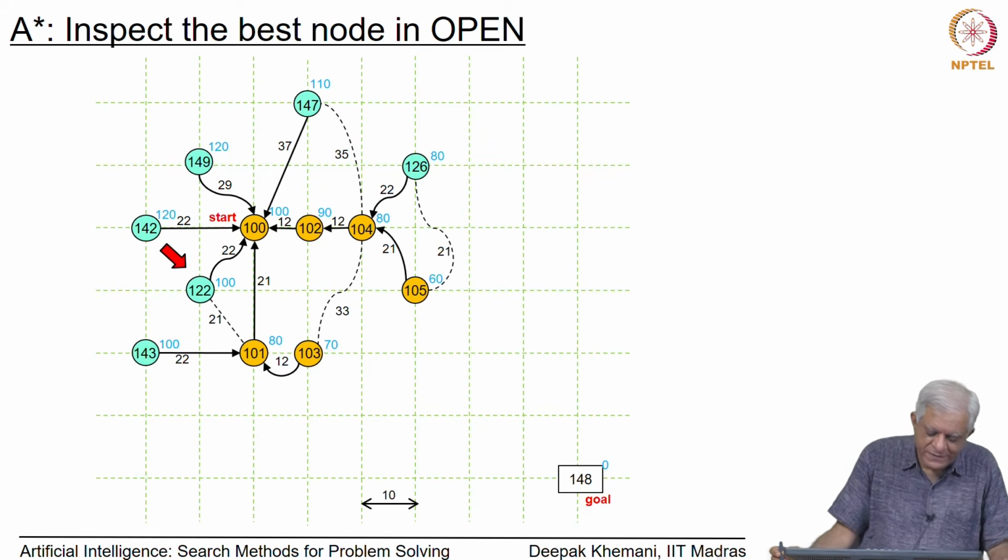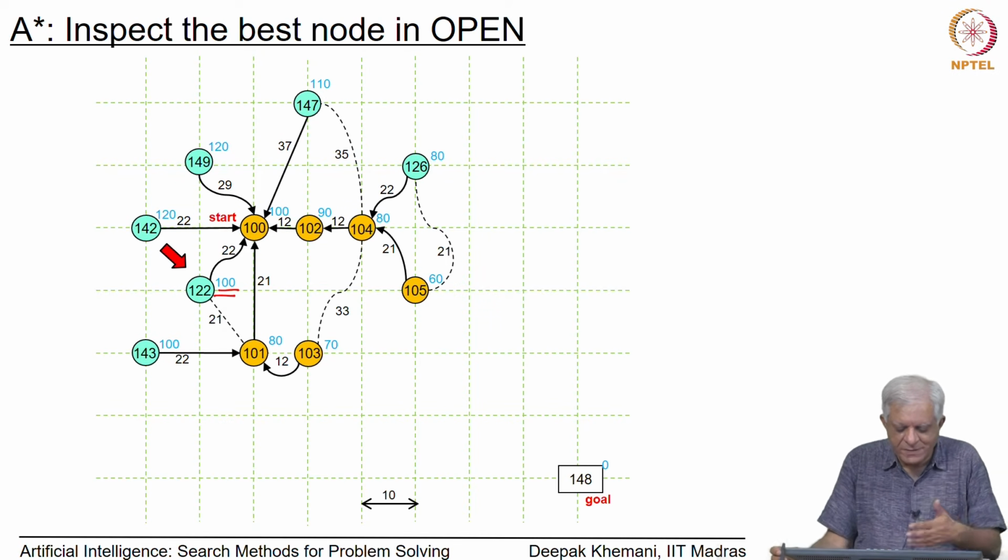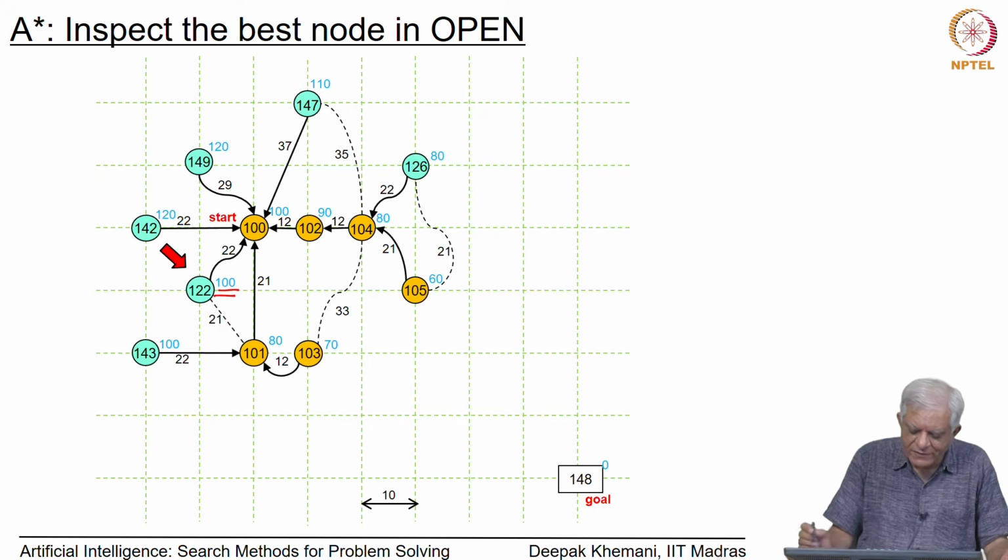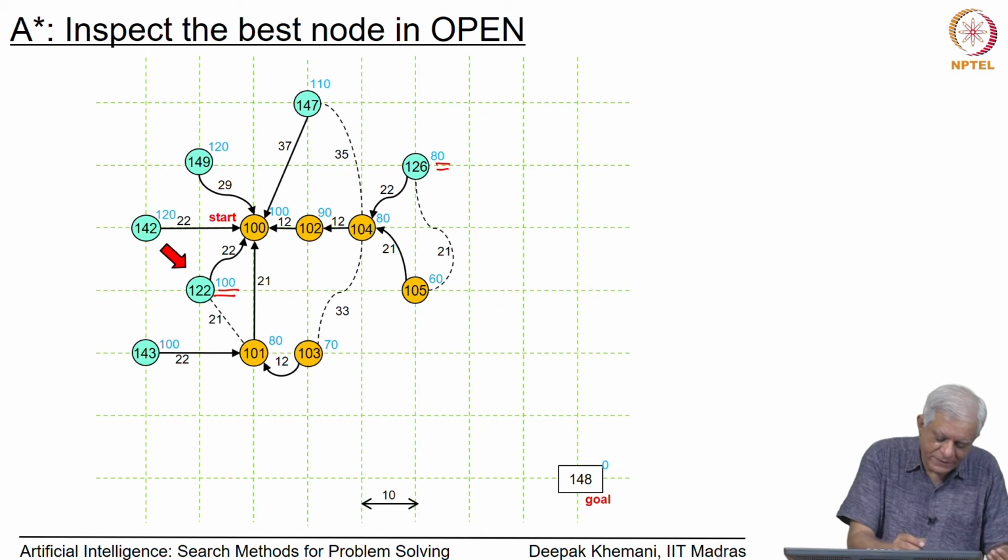The heuristic function says that its estimated value is 100, and that is also reflected in the placement in this graph. Whereas there are nodes with, for example, value 80, which seem to be better, but A star is picking that node with the h value of 100, and that again is because its f value is smaller: the f value is 122, whereas the f value of this is 126.